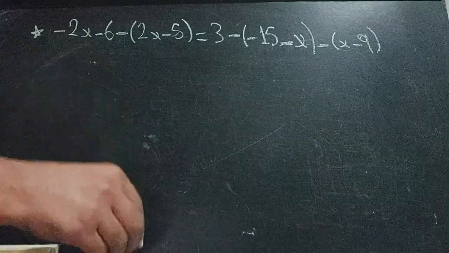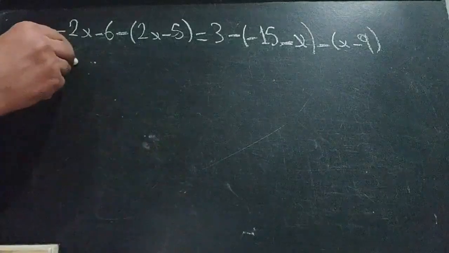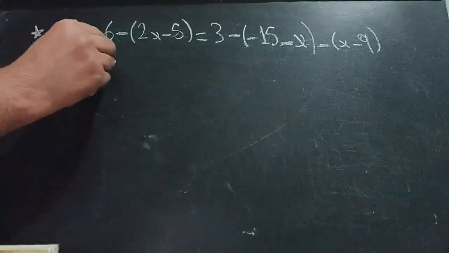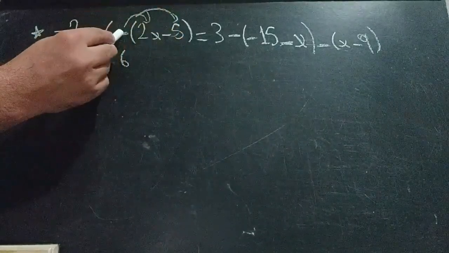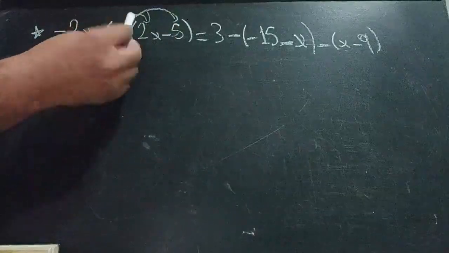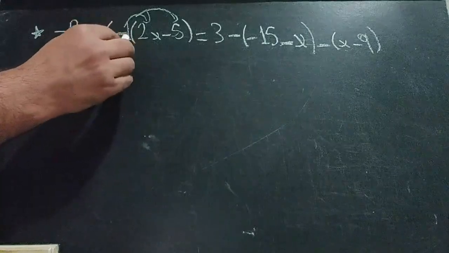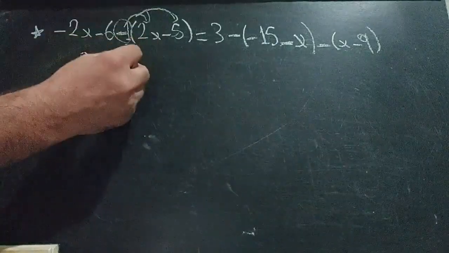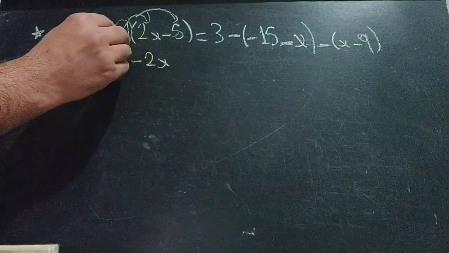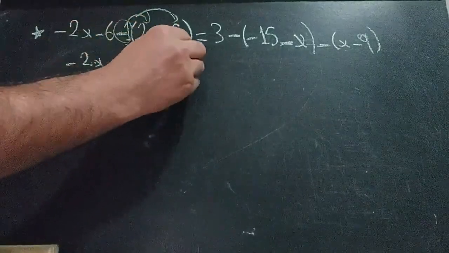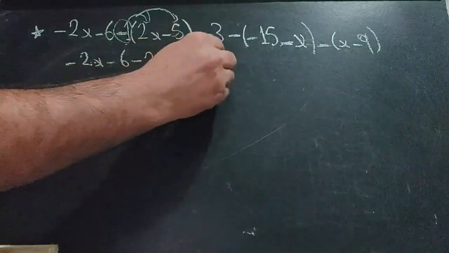So that will be negative 2x minus 6. So negative, by the way, no number means negative 1. That negative 1 will go to the other side, inside, as negative 2x, negative 1 times negative 5, positive 5, equals 3.